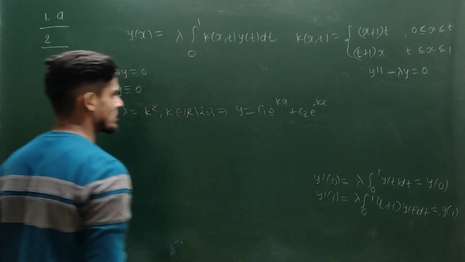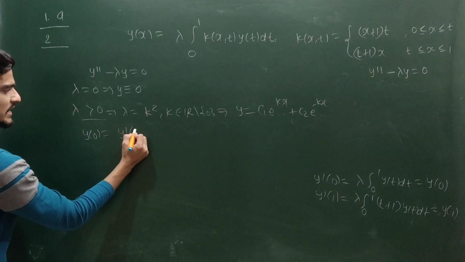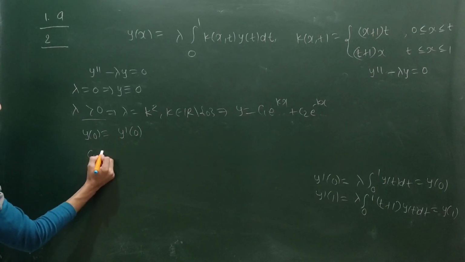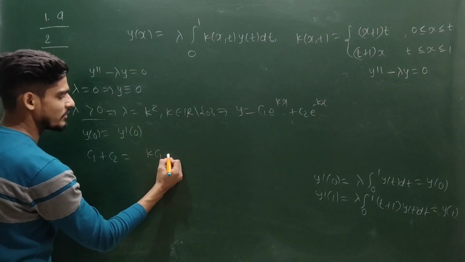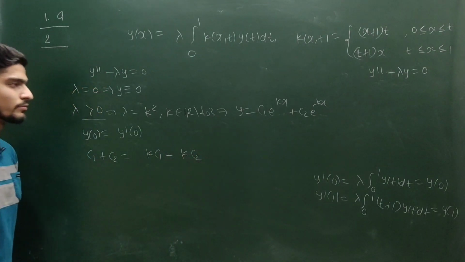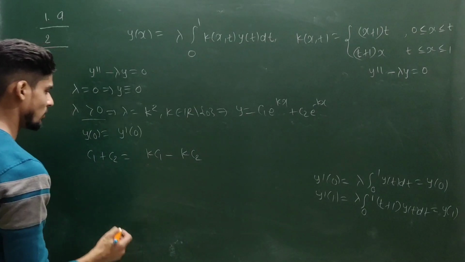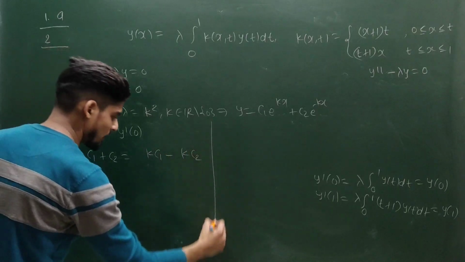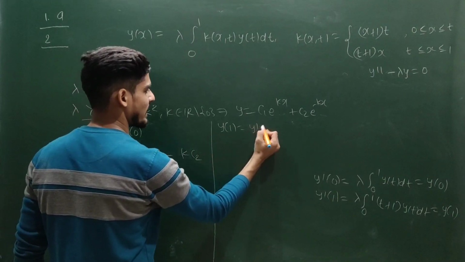Now apply the boundary conditions. Y at 0 is the same as y dash at 0. This will give me y at 0 as c1 plus c2. Y dash at 0 will give me k times c1 minus k times c2. Now if you solve this, y at 1 is the same as y dash at 1.